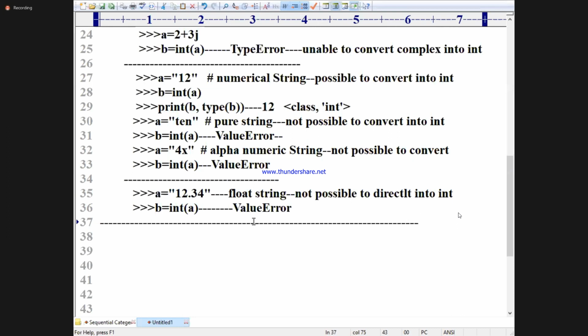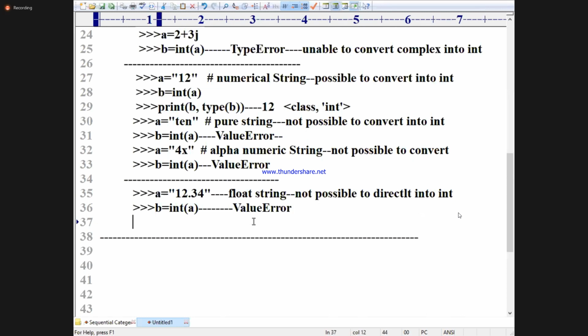Can I convert "0.0" within the double quotes into int? E is equal to int of "0.0". Same apply here, don't think more than that. "12.34" is what string? "0.0" is what string?